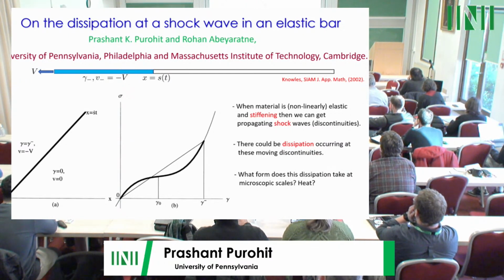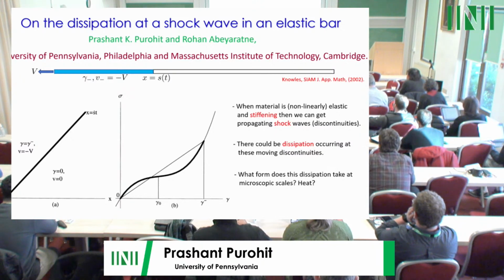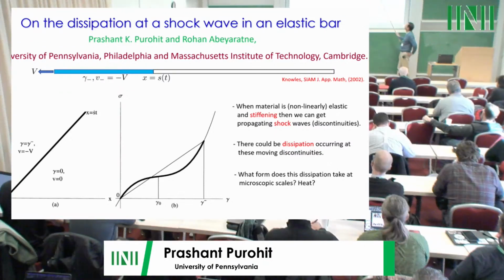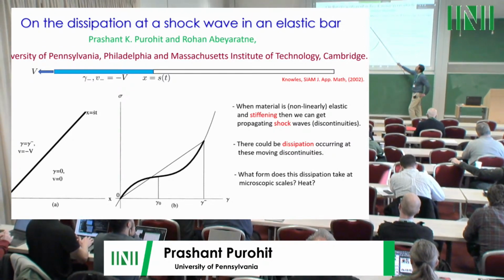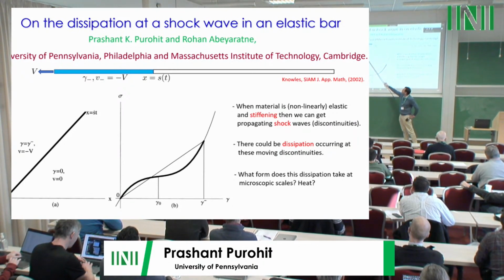And when you perform such an impact experiment on the bar, and the material of the bar is an elastic material that is stiffening, like this, the stress-strain curve is stiffening, then there is a possibility of getting shock waves. And that shock wave manifests itself as a discontinuity here. Behind the discontinuity, there is a finite strain and particle velocity. Ahead of the discontinuity, the strain and particle velocity are equal to 0.